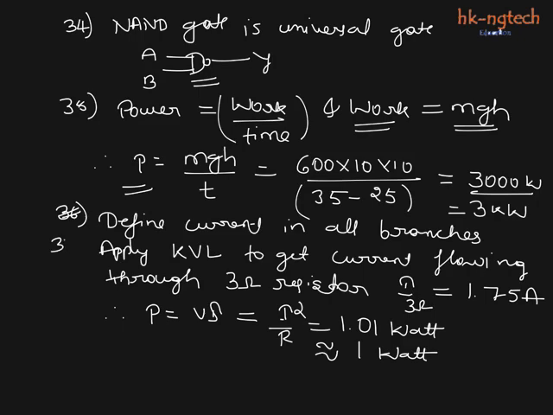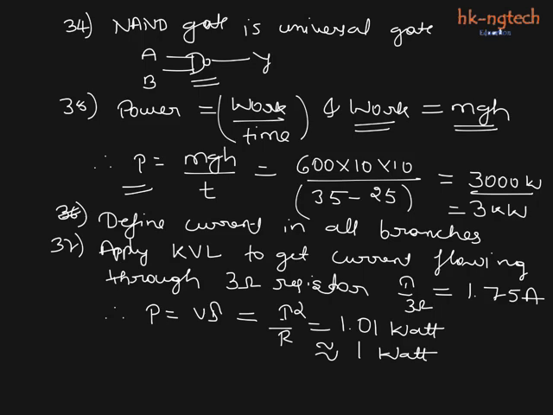Here we have the 37th question, that is, the power dissipated in the 3 ohm resistance in the following circuit is. It's really a lengthy problem they have given here. Here you need to assign the branch currents, or define the currents in all the branches, and after that apply KVL to get the current flowing through the 3 ohm resistor.